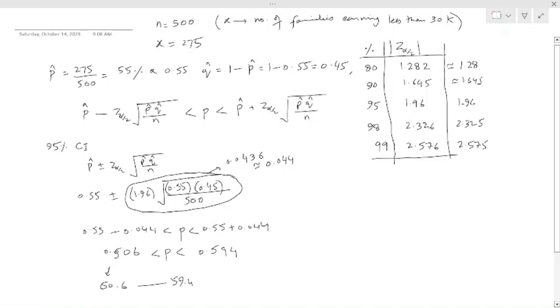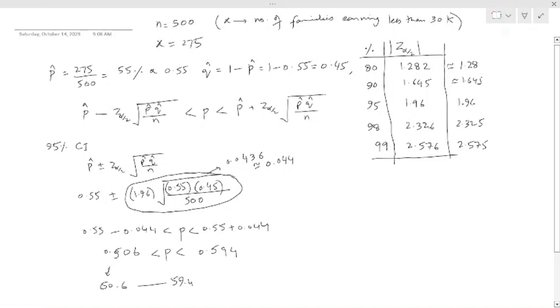We can interpret this answer as: we can be 95% confident that the percentage of households earning less than 30,000 rupees a month lies between 50.6% and 59.4%, or at least exceeding 50.6% and less than 59.4%.